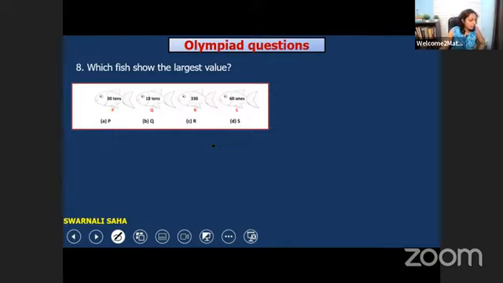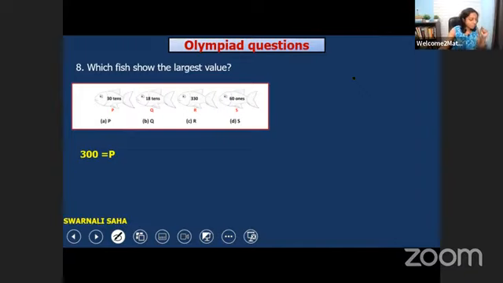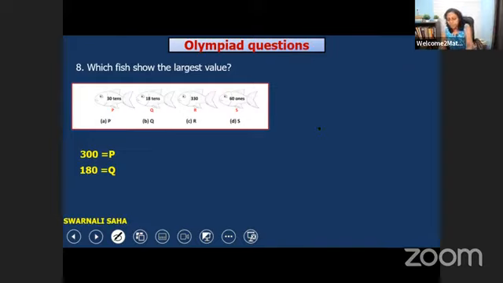First, P is 30 tens. 30 tens means 30 into 10, and it is 300. Now next is Q. Q is 18 tens. That means 18 into 10, so it would be 180. Now next R is 330. R is showing 330 only.